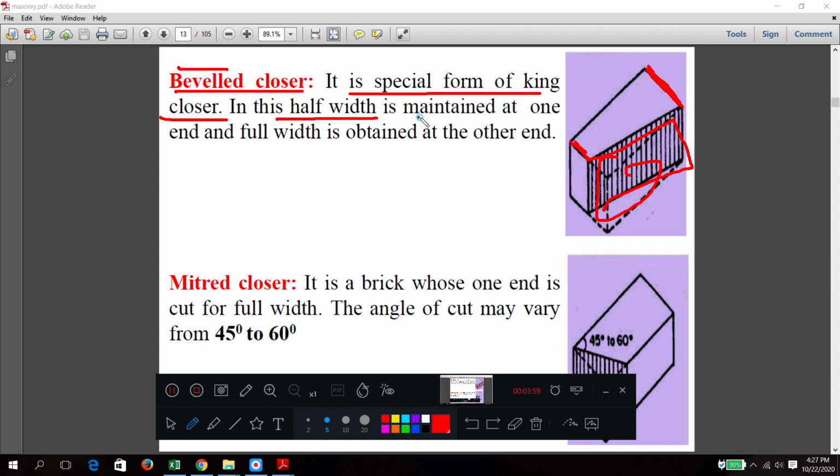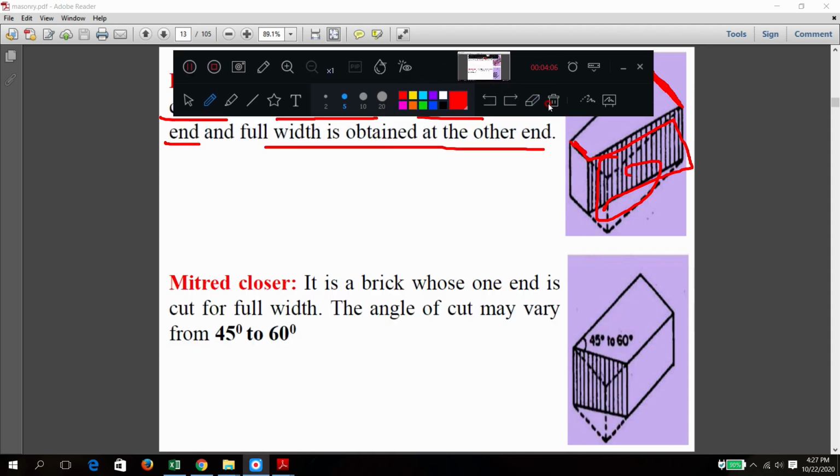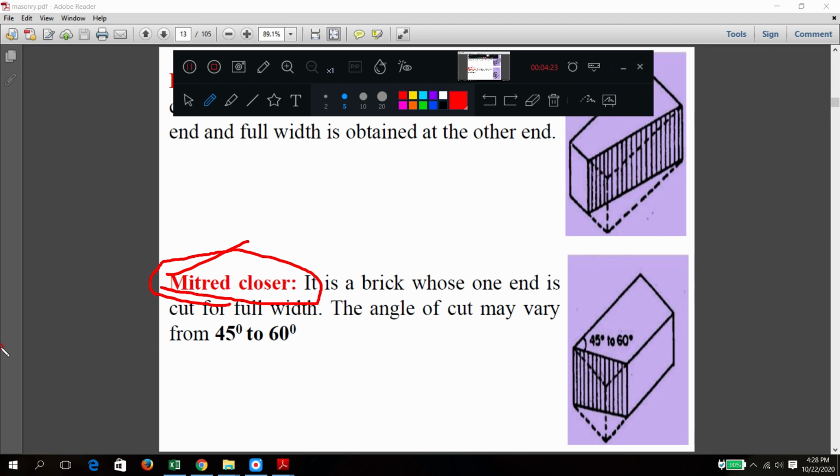In this, half width is maintained at one end and full width at the other end. Mitred closer is nothing but one side full width and some 1/4 of the length is cut like this. These are called mitred closers. It is a brick whose one end is cut for full width. The angle of cut may be 45 to 60 degrees.